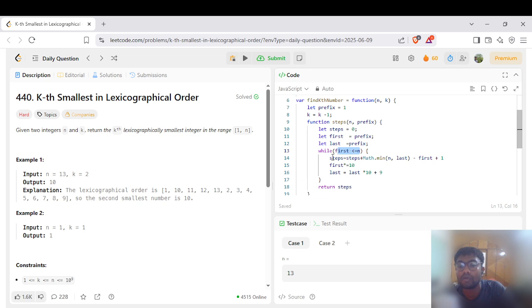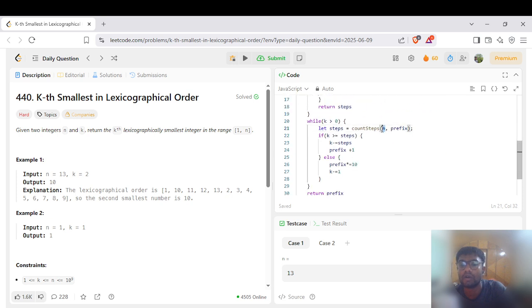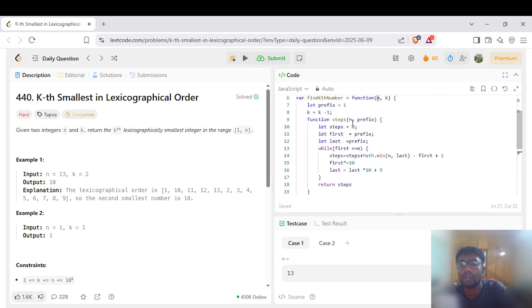While it is still true, then we continue, and here if we see steps wherein we had 19 as our Math.min, n was 13. So 13 minus last was 19, so we stay with 13. 13 minus first, which was 10, is 3, plus 1, 4.